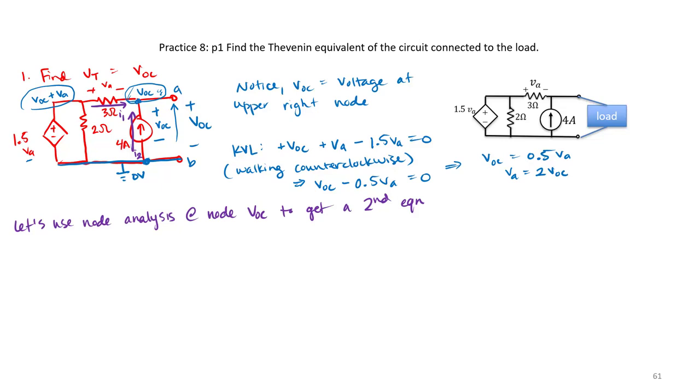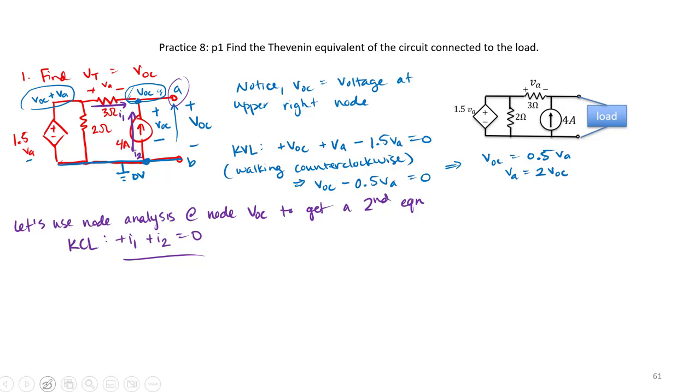Since node A is currently connected to an open, I'm not going to consider any current through there. By definition, an open has zero current. So by Kirchhoff's current law, plus I1 plus I2, the algebraic sum of the currents entering node VOC, must be zero.